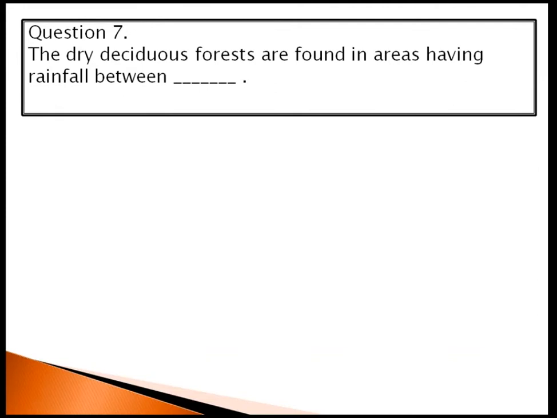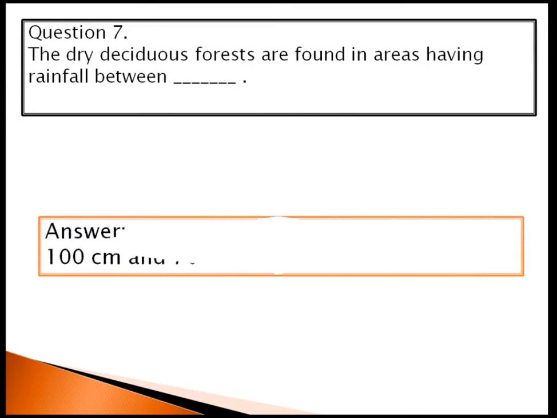So in that, the dry type is asked here. Let's check the answer. The rainfall is between 100 centimeter and 70 centimeter. The dry deciduous forests are found in areas having rainfall between 100 centimeter and 70 centimeter.